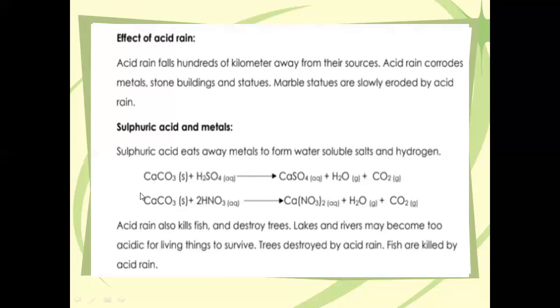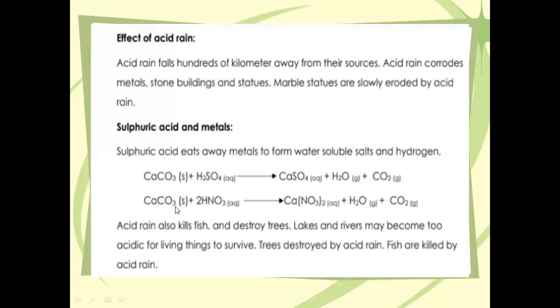So in this reaction, the calcium carbonate will be washed out or dissolved in the form of calcium sulfate. You can see the solid calcium carbonate is converted into aqueous. Aqueous means in solution, and then definitely it will wash away with water.